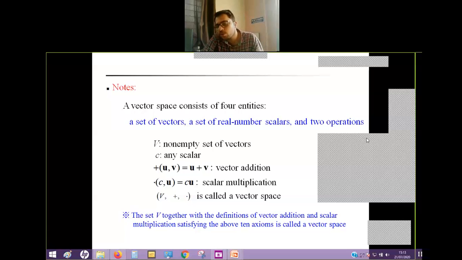If these three properties are satisfied, then 99.99% of the spaces are called vector spaces, because the remaining seven axioms are part of these three axioms. If these three axioms are getting satisfied, then the seven must be getting satisfied in most of the cases. There are very few rare exceptions. Okay, so I'll be getting to the next slide.